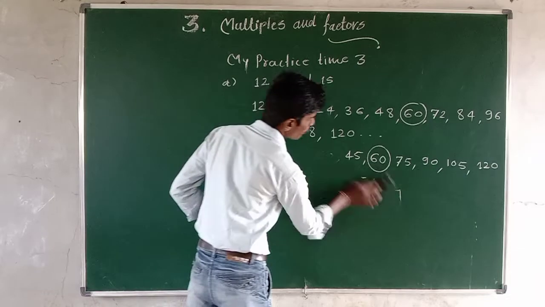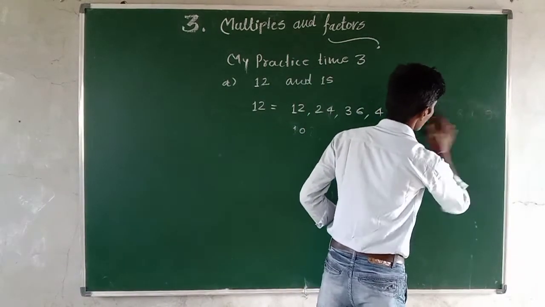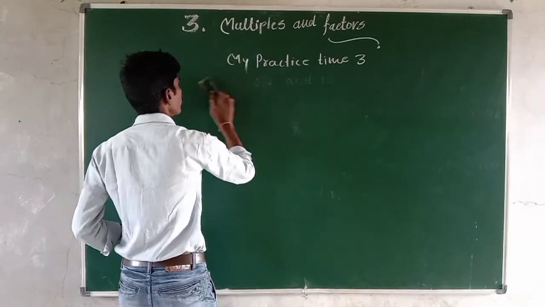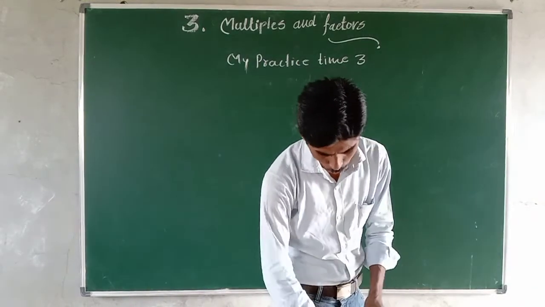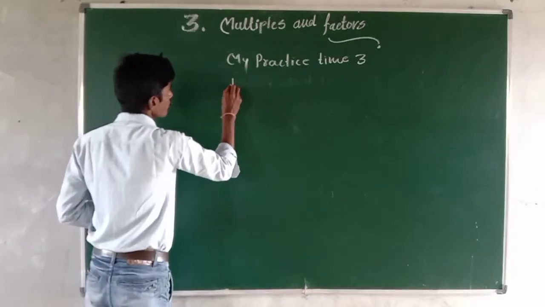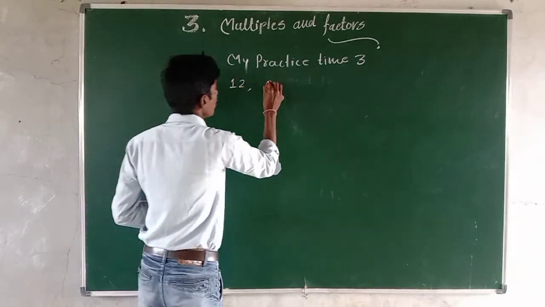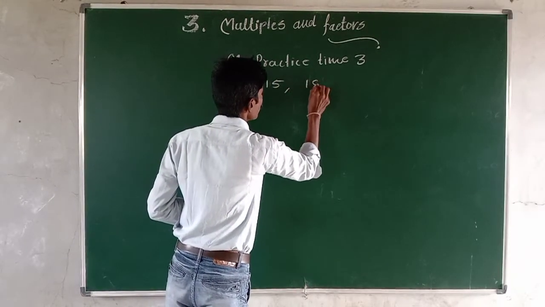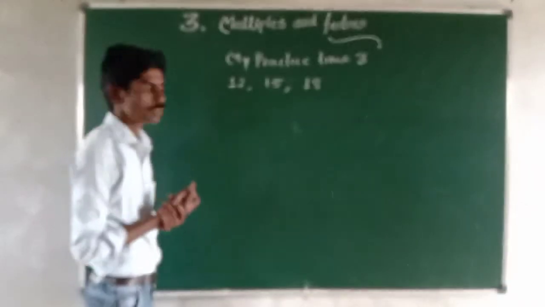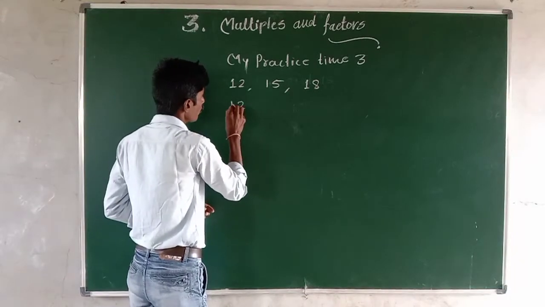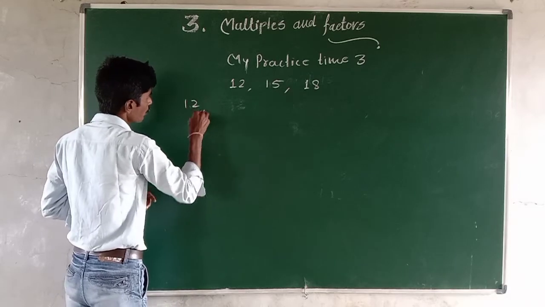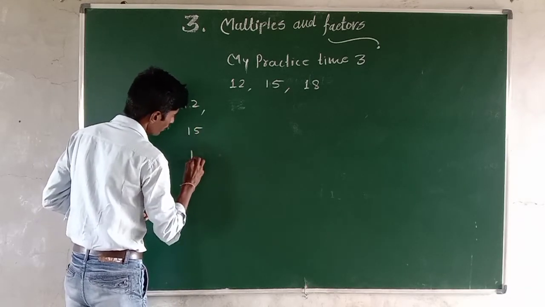We will take another example: 12, 15 and 18. Same procedure. Find the multiples of 12, then 15 and 18.